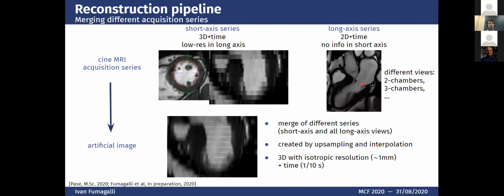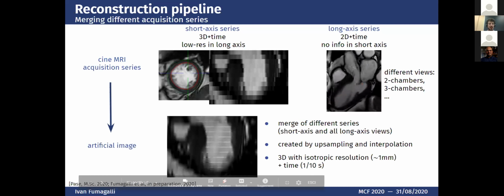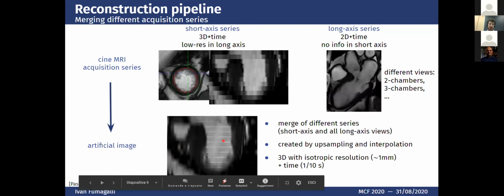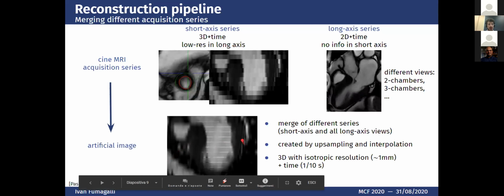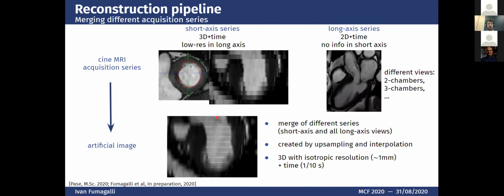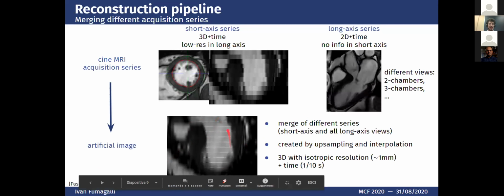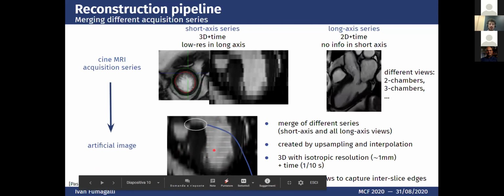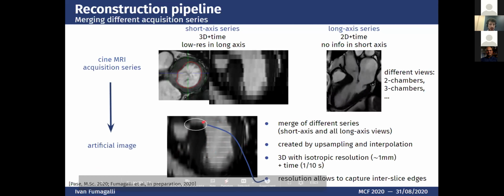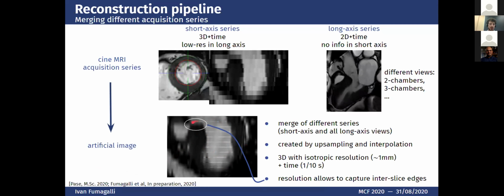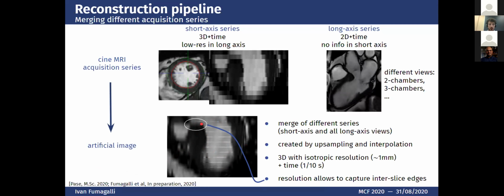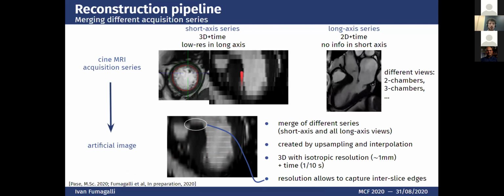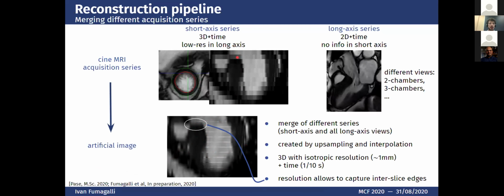Because of this, the first step of our procedure is to produce an artificial image by upsampling and interpolation that can merge the information from the different series, and so to obtain an isotropic resolution of our data. I want to remark that in this way, we can also capture some of the details that in the short axis framework are blurred.